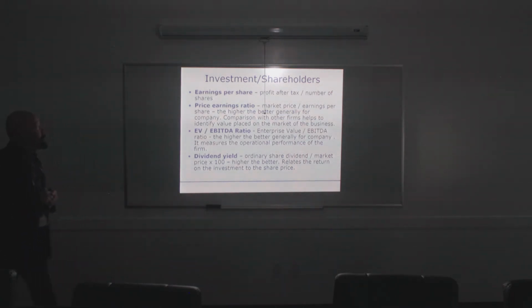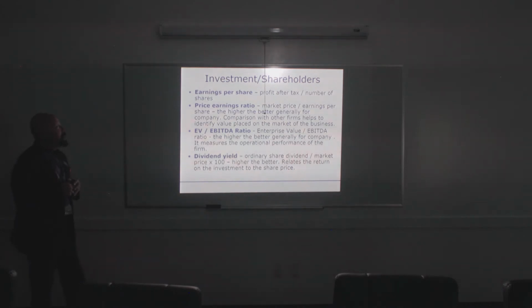Price earnings ratio is market price divided by earnings per share. The market price is basically whatever the stock is selling for. Amazon sells for about $2,000 a share. You can look at some penny stocks, and you can get them for as little as $2 a share. The higher the better, generally, for the company.